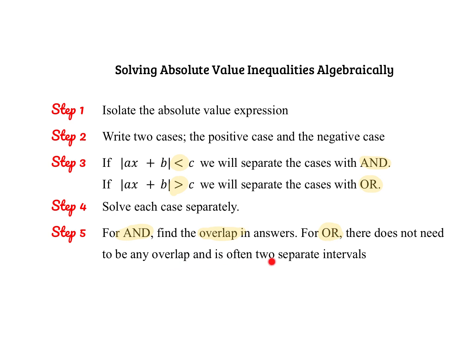So for these, most of the time you're going to have two separate intervals as your answer. Just like when we did graphing, sometimes our answer was that stuff in between and we had a single interval. And sometimes it was the portions on the outside where we had the two separate ones. So you need to be really careful when you're setting up your two cases with whether you have an and or an or. So less than is and, greater than is or.